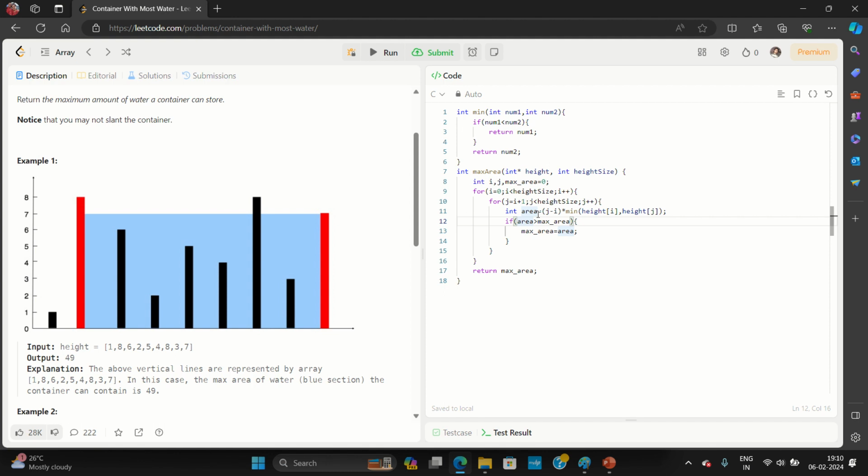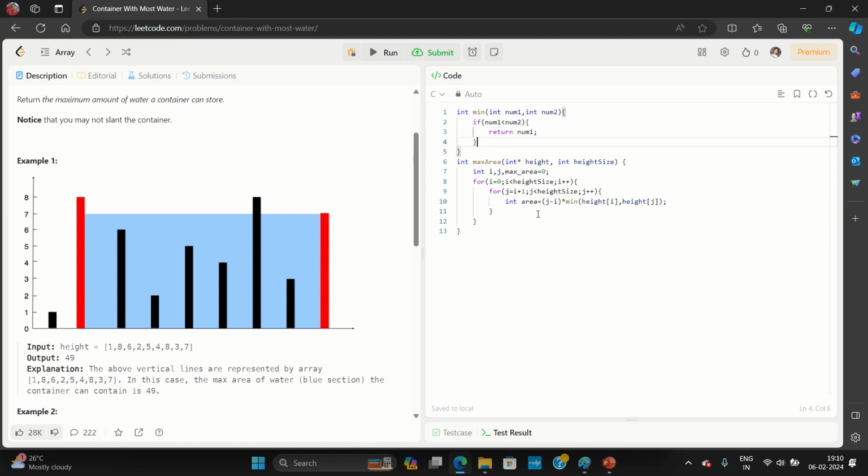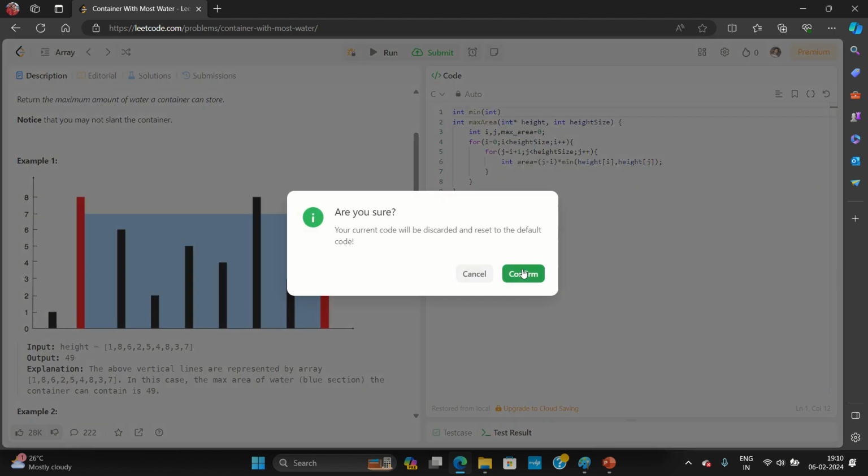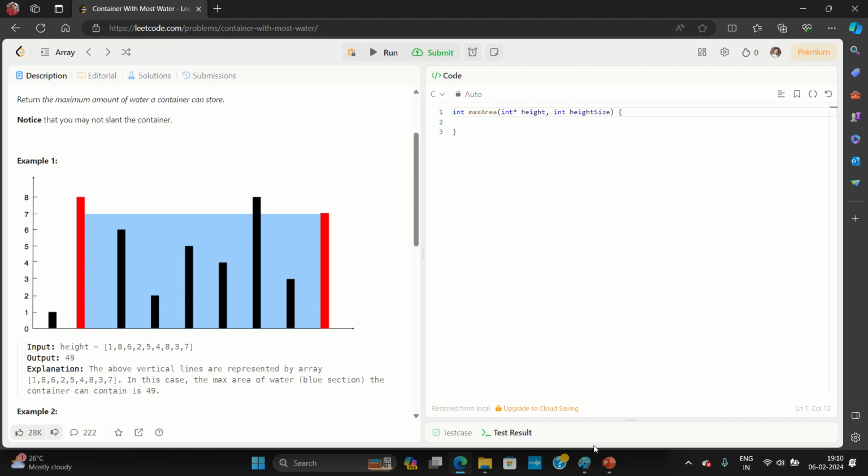But in the worst case, we always consider the bigger one, so it is approximately 10 to the power 5 into 10 to the power 5. That becomes tedious, but we can consider a solution with big O of n. How can we do that?